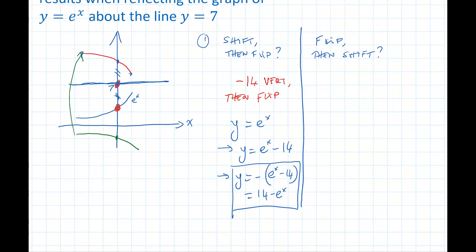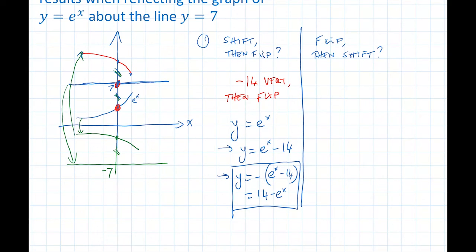Well, when I was flipping, I flipped this curve to that curve. Then what happens to the line y equals 7? It also got flipped down here to -7. This little distance here is the same as that little distance there, which is the same as that distance there.